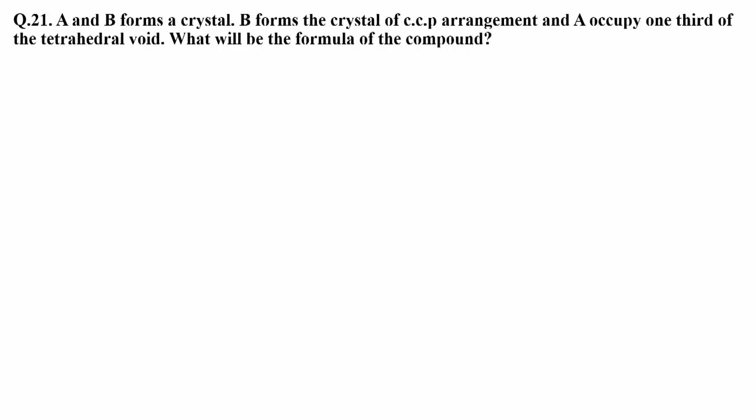Next we discuss problem number 21. It says A and B form a crystal. B forms a crystal of CCP arrangement and A occupies 1/3 of the tetrahedral voids. What will be the formula of the compound?